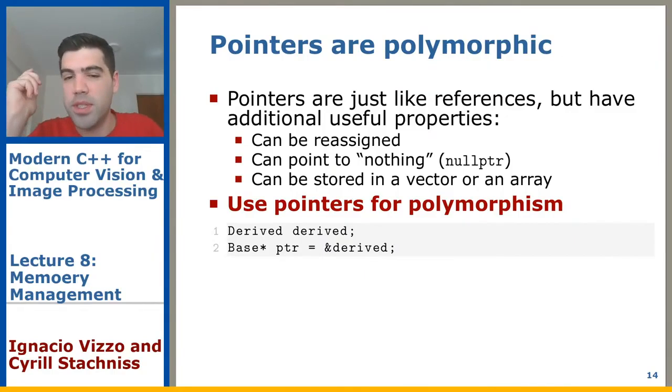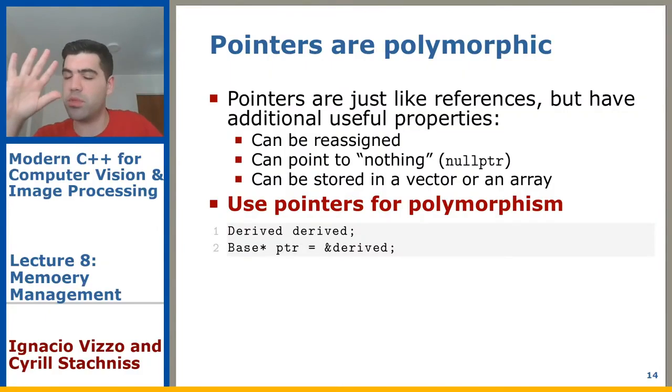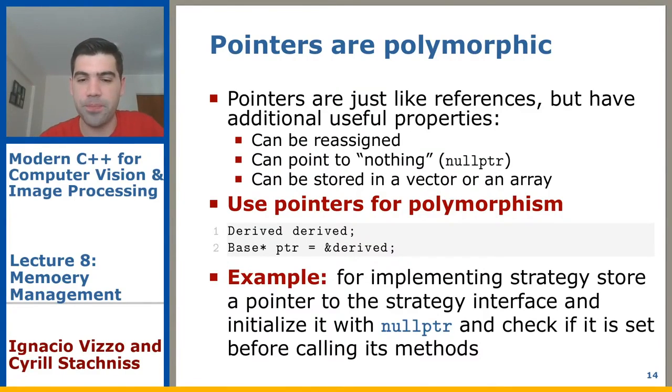And why you want to do this is because you want your programs to be polymorphic, and maybe you want to work on pointers of geometry 2D types to do some sort of operation, and you don't want to worry about whether this is an image or any other type of variable. So as an example, for implementing the strategy pattern, you would store a pointer to the strategy interface and initialize it with a null pointer and check if this is set before calling any of the methods.